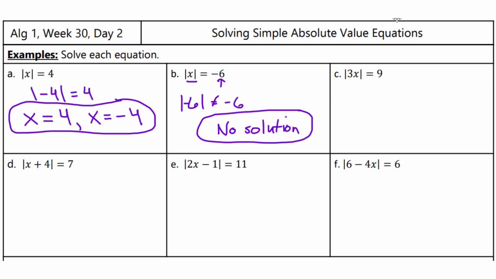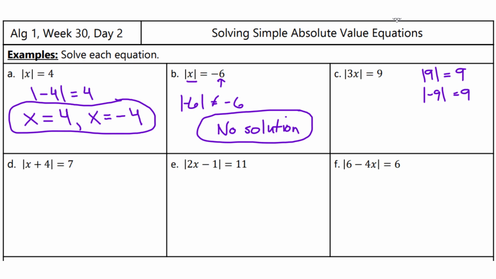So on C, the absolute value of 3x equals 9. Well, there's two ways to think of that. Basically, we're saying I'm going to get from this 3x the absolute value of 9, which gives me 9, or I'm going to get the absolute value of -9, which gives me 9.